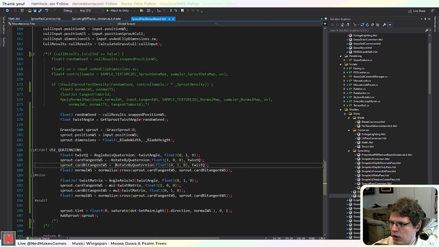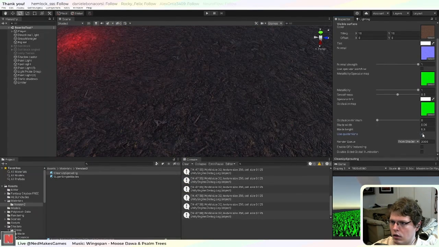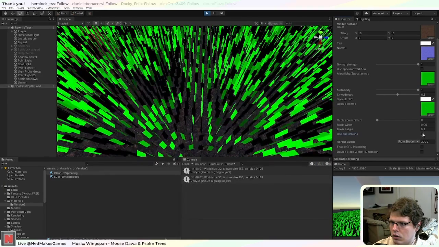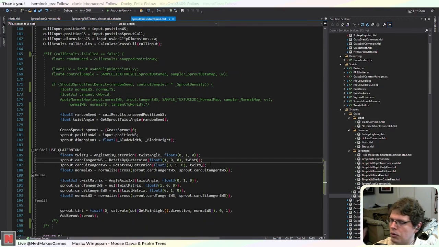I think it's just that the bitangent is negative, so it's going under the ground. I guess it doesn't really matter that much if it's different.